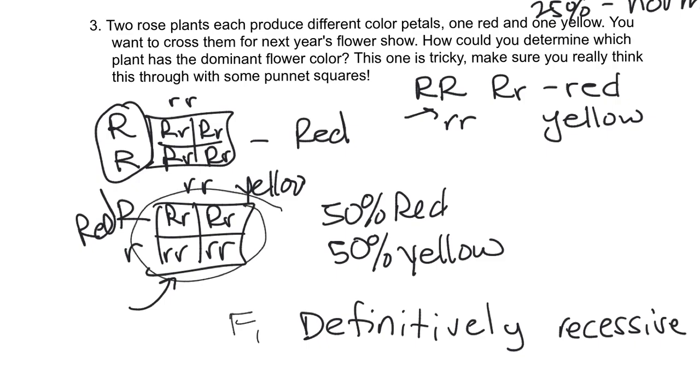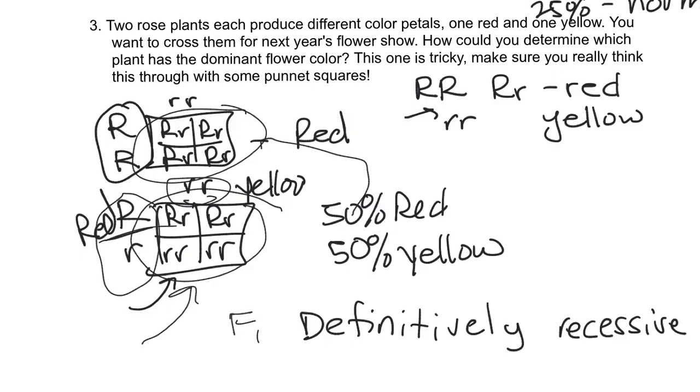I'm going to cross this one with a homozygous recessive yellow, and I should get 50-50. If that's the case, then I know that it's a heterozygous parent. It's still red. I know that red is dominant. All right, so that's how you're going to determine it. The test cross is going to be key.